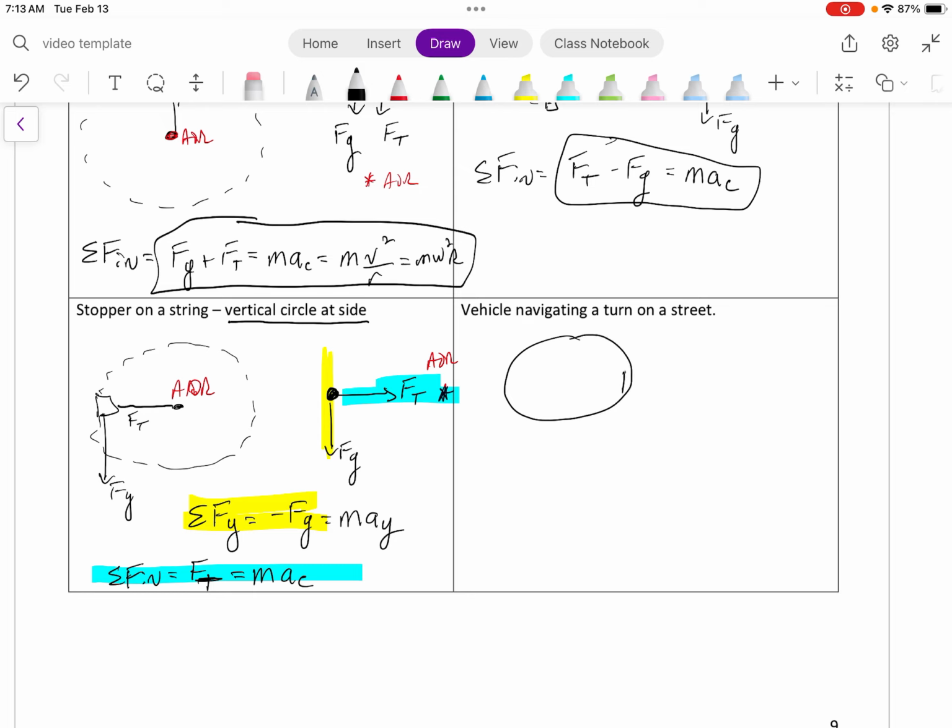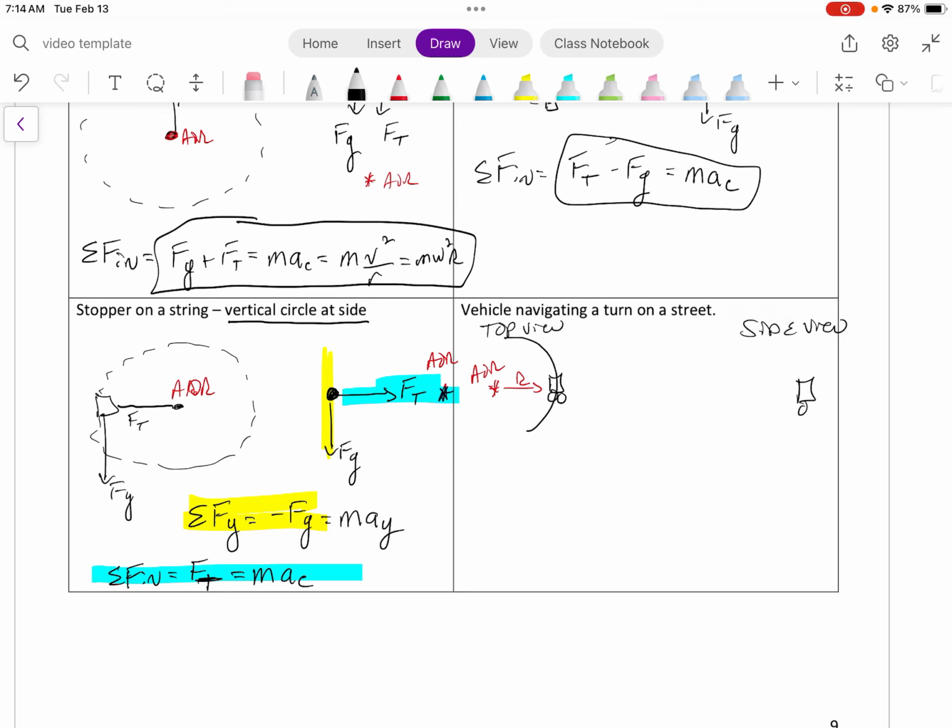All right. Vehicle navigating a turn. So here's my car. This is the top view. Actually, I'm going to draw it a little differently. Here's the turn. Here's my vehicle. Here is the axis of that rotation, and that's the radius of curvature. This is top view. This will be side view.